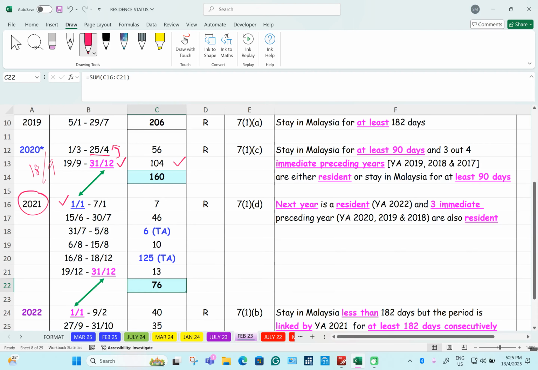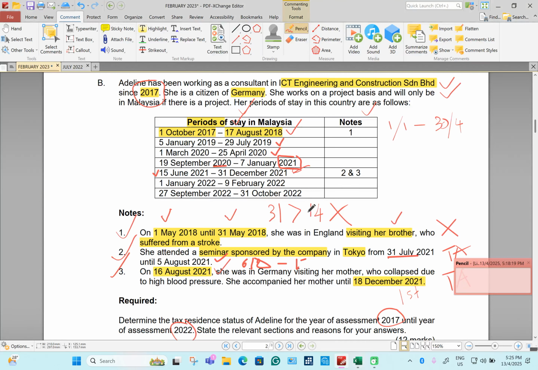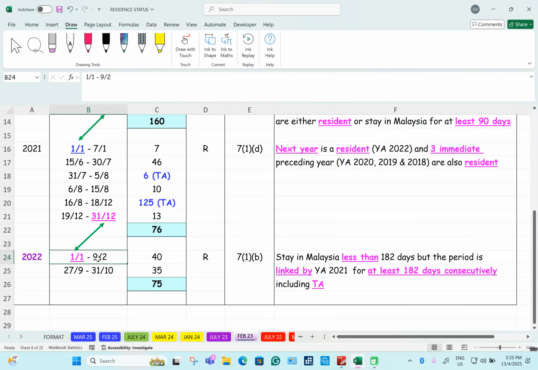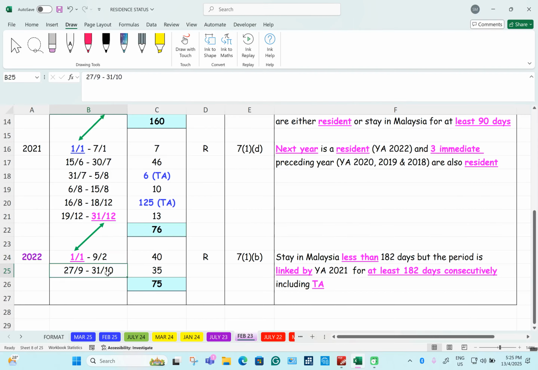So let's try Limbai 2. In order for you to do Limbai 2, do we have 2022? Okay, guys, let's do the information for 2022. So what do we have for 2022? 1st January to 9th February, followed by 27 September to 31st October.